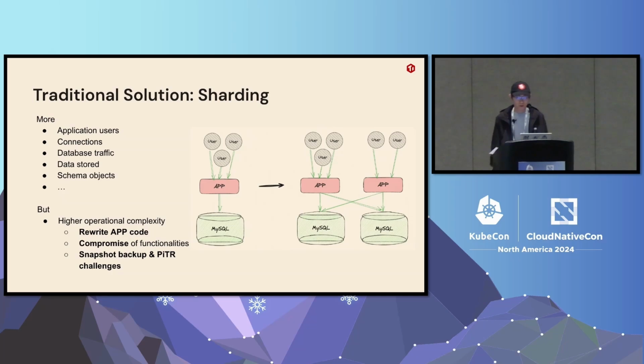You need to compromise some functionality, like if you want to query some data across tables. And you can imagine how to make a consistent snapshot backup for your database if you have sharded your data across multiple nodes. All this is a reality if we choose this solution, and we need to face it.